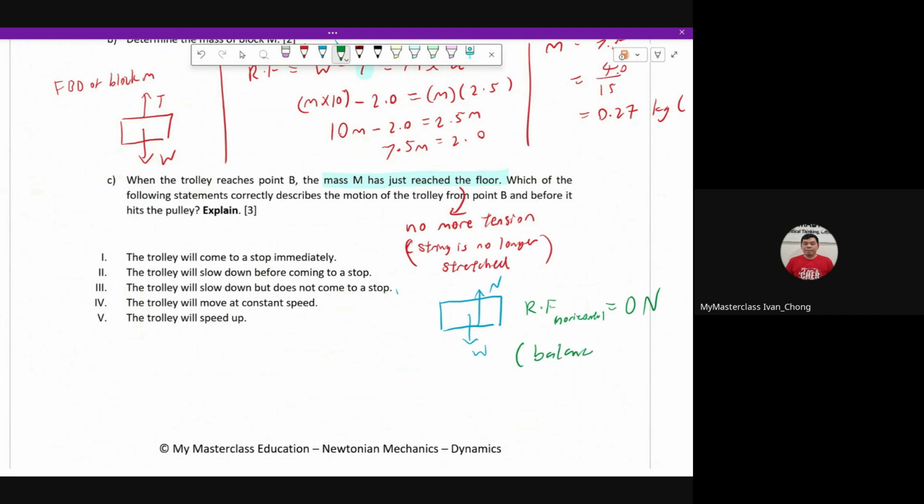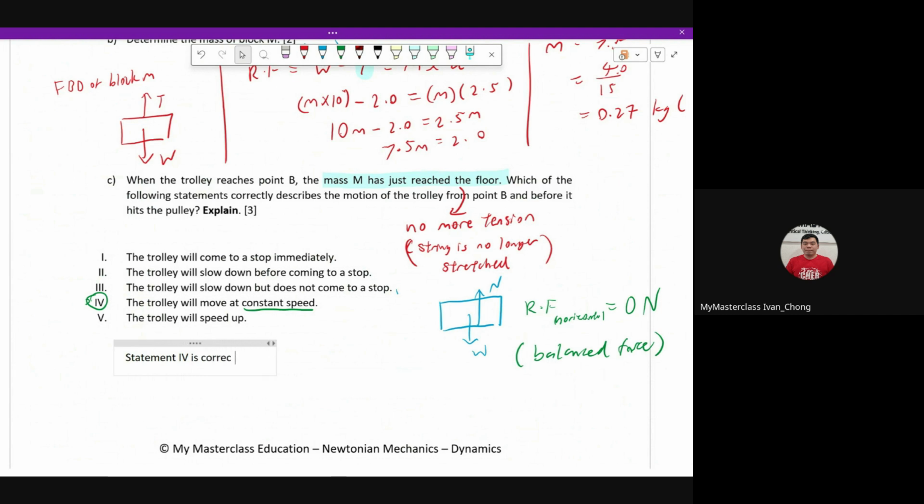Our forces are balanced. So if your forces are balanced, what is the keyword? You must move at constant speed. Answer is statement 4. Don't write 4, write IV, follow the question.